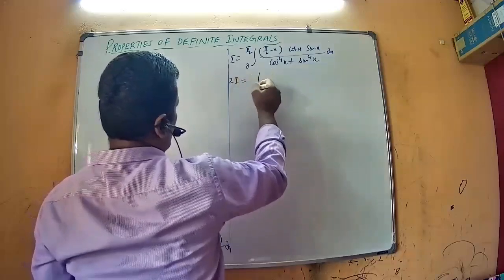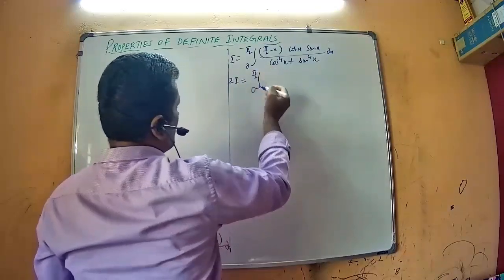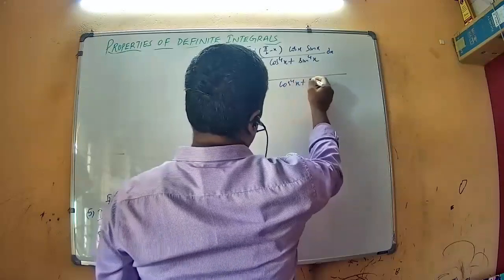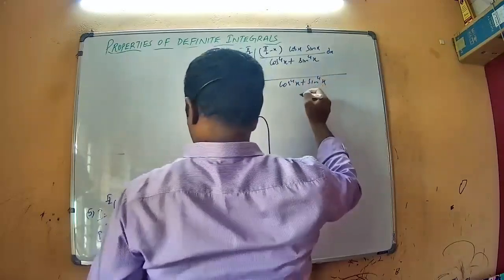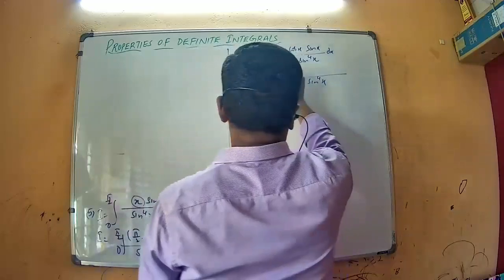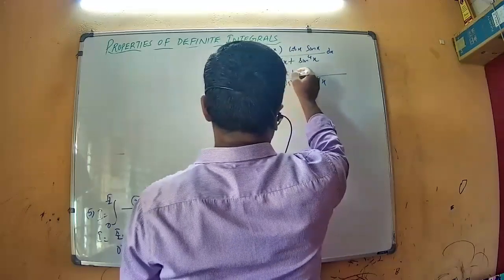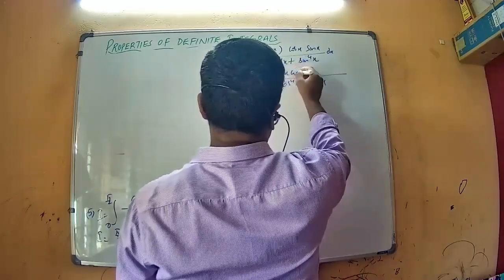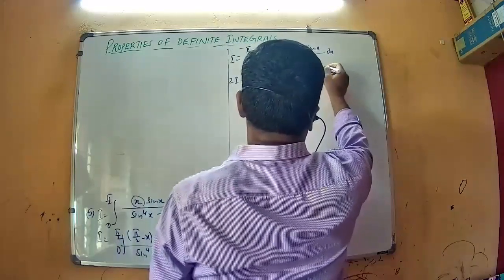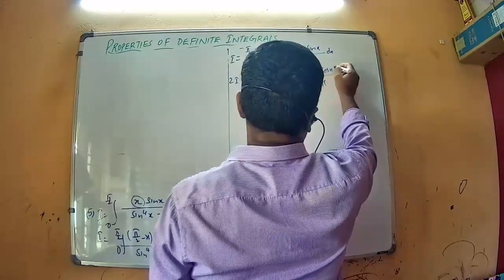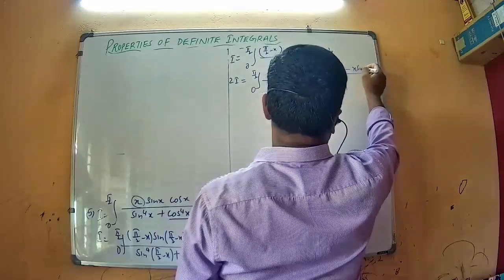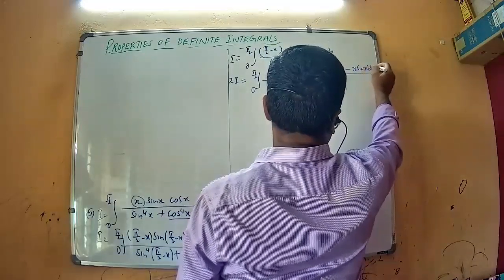Add these two, what are you going to get? 2I is equal to integral of 0 to pi by 2. Yes, the LCM will be cos power 4x plus sin power 4x. And here the numerator is x sin x cos x, while here the numerator is pi by 2 into cos x into sin x minus x into sin x into cos x.